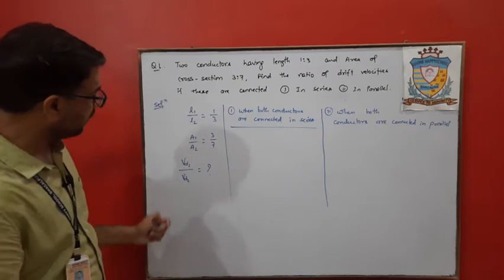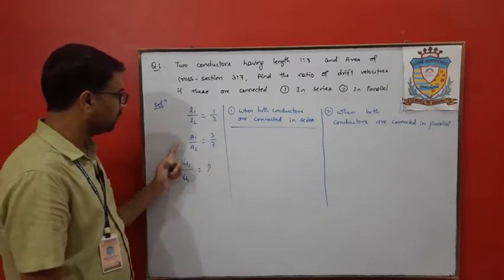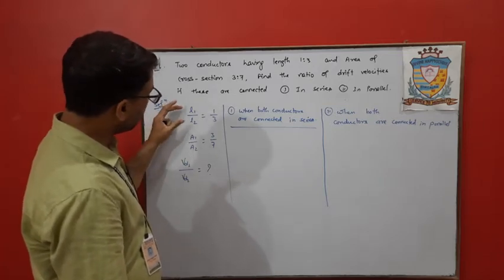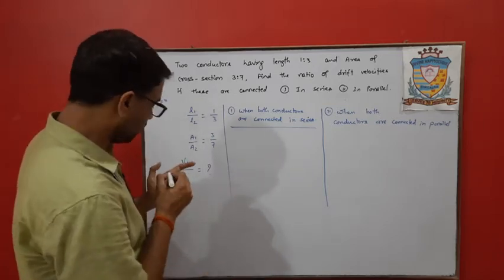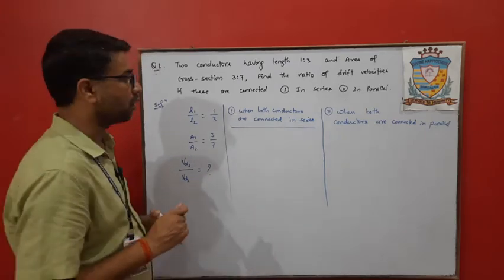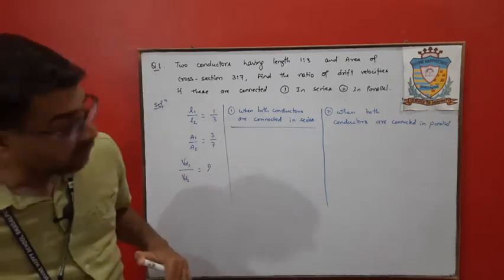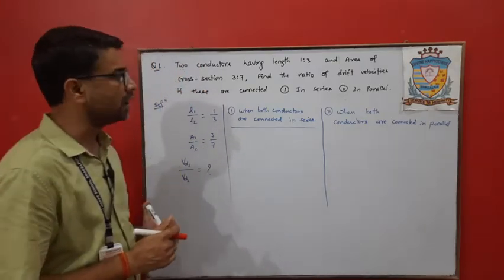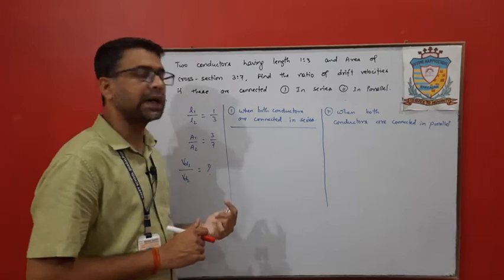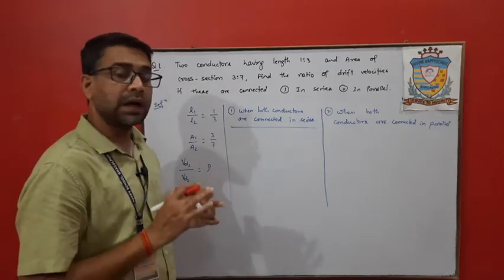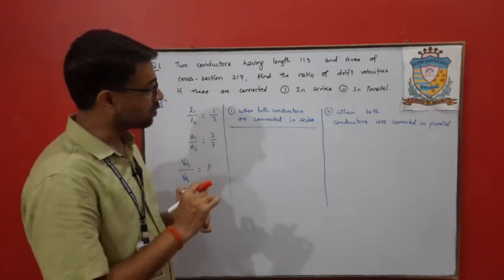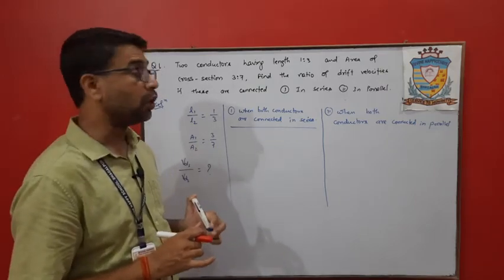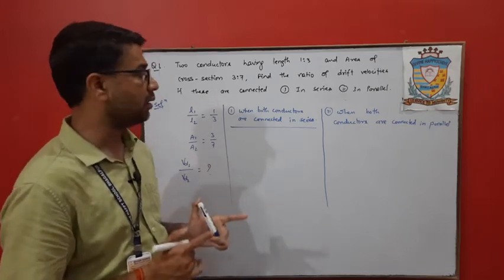We'll use the relationships where we have L1, L2 and A1, A2, the ratio of length and area of cross section. One more thing we should consider, which we studied in class 10: if two or more things are connected in series, current is the same across all the devices, and if connected in parallel, potential is the same across all the devices.